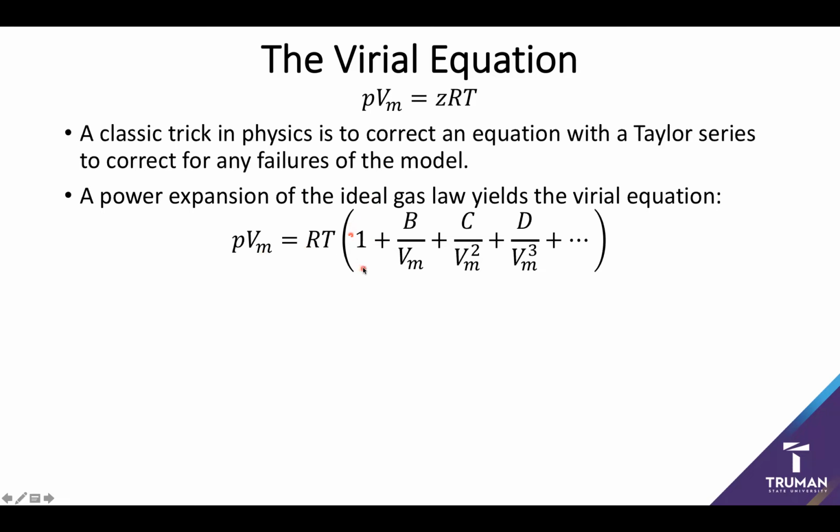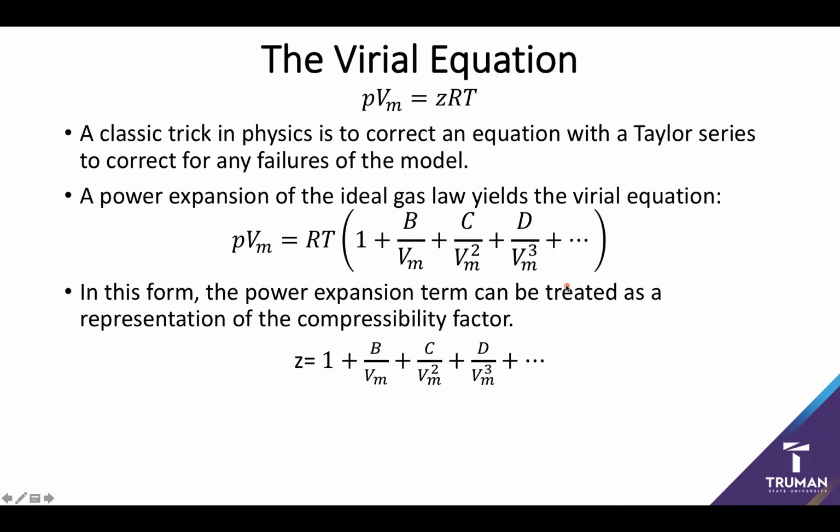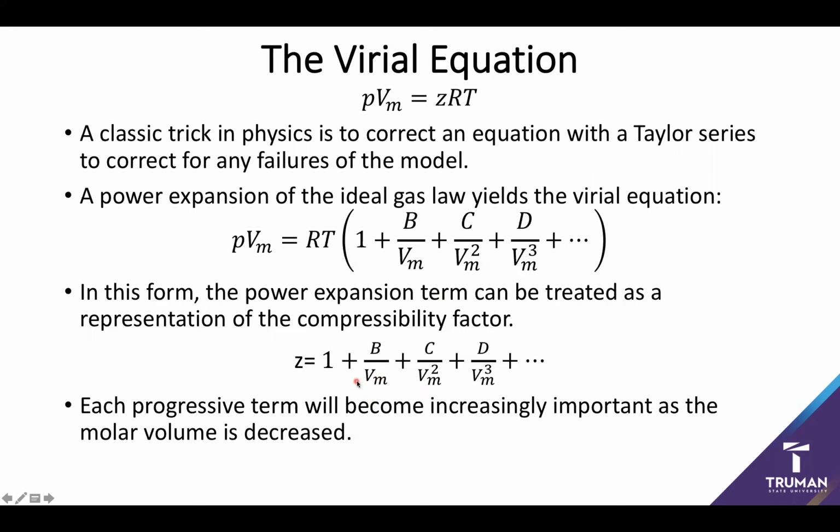However, at very small molar volumes, what we're going to see is increasing power of the additional terms. And so again, in this power expansion, really what we're doing is treating our power expansion terms as our Z coefficient, or our compressibility factor. And what ends up happening is that as my molar volume decreases, each one of these terms is going to become more and more important.